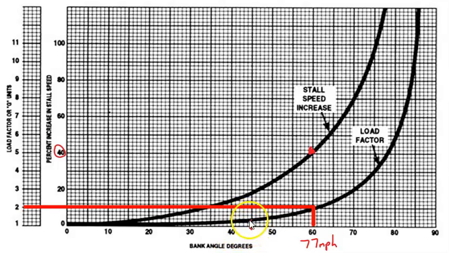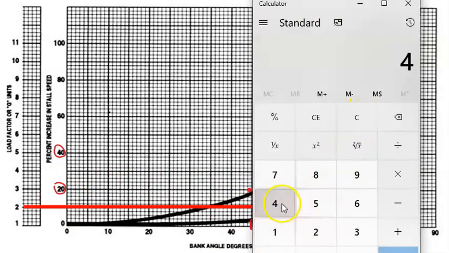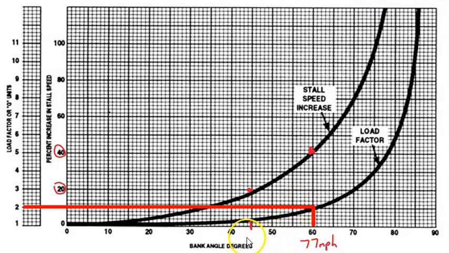I went up to the first line, that's about 1.5 G's. I go a little higher to the second line, the stall speed increase, and to the left it's about a 20% increase. So do the math: 55, which is my clean stall speed, times 1.20 for my 20% increase, and I get 66 miles an hour.